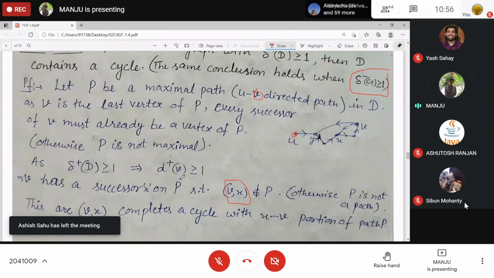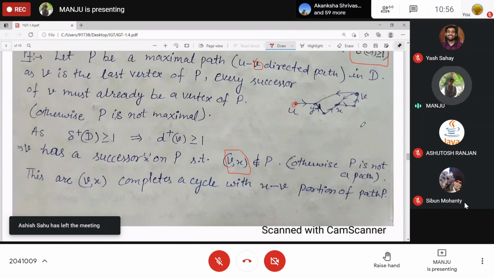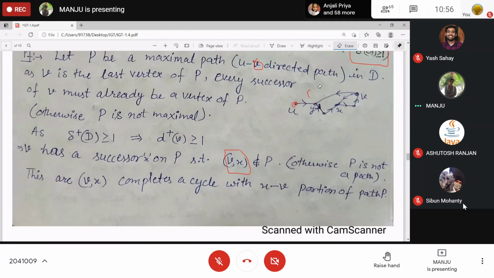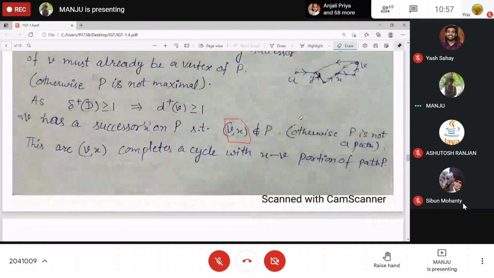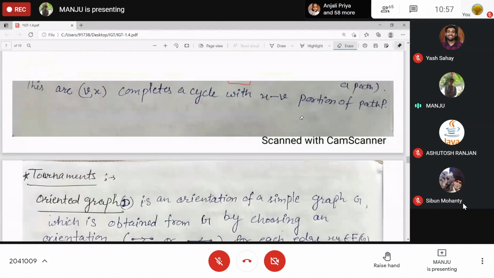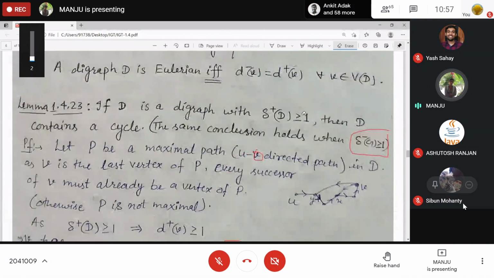That's why P will not be a path. That's why you can take this arc and take that portion which forms a cycle. Clear? Any doubt in this one?